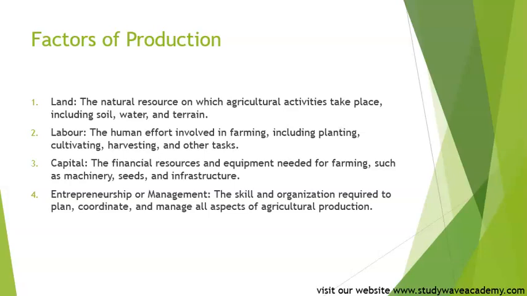Land provides the area needed to grow crops like wheat, corn, and vegetables, and to raise animals like cows and chickens. Not all land is the same. Some areas have soil that's good for certain crops, while others are better for different ones.